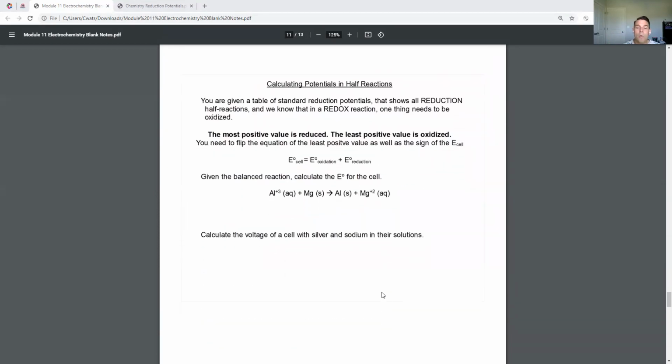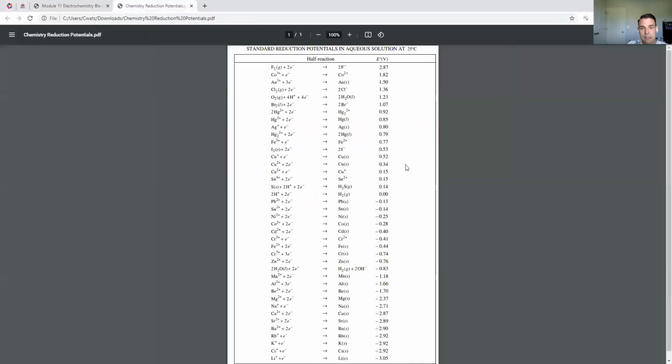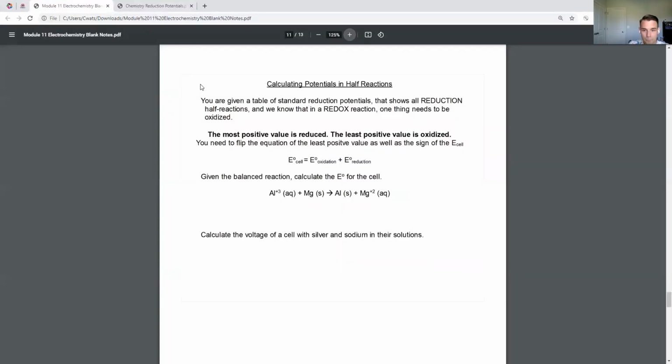So when we're going to actually calculate how much energy, voltage, that these cell potentials have, what we do is we look at this, which is in the notes. It's a standard reduction potential table. So it's all reduction potentials. In a redox reaction, there is a reduction and an oxidation. So please do keep that in mind. So what you do is you look at your redox reaction for the 2 things that are involved.